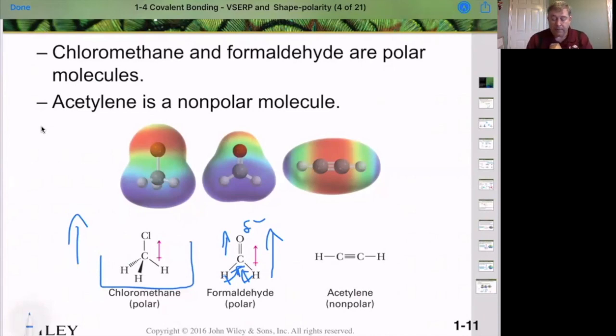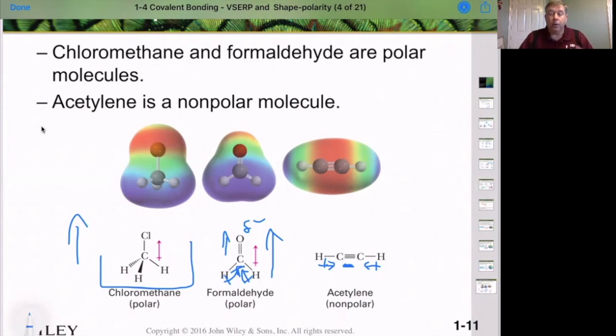Now, right here, these are almost non-polar bonds between each other, so there's no pull either way here. There's a slight pull toward the center for the carbons because it is a little bit higher in electronegativity than hydrogen. Hydrogen is 2.1 and carbon is 2.5, so it's a little bit more electronegative, but they cancel each other out because they're facing in equal and opposite directions, meaning acetylene is a non-polar molecule.